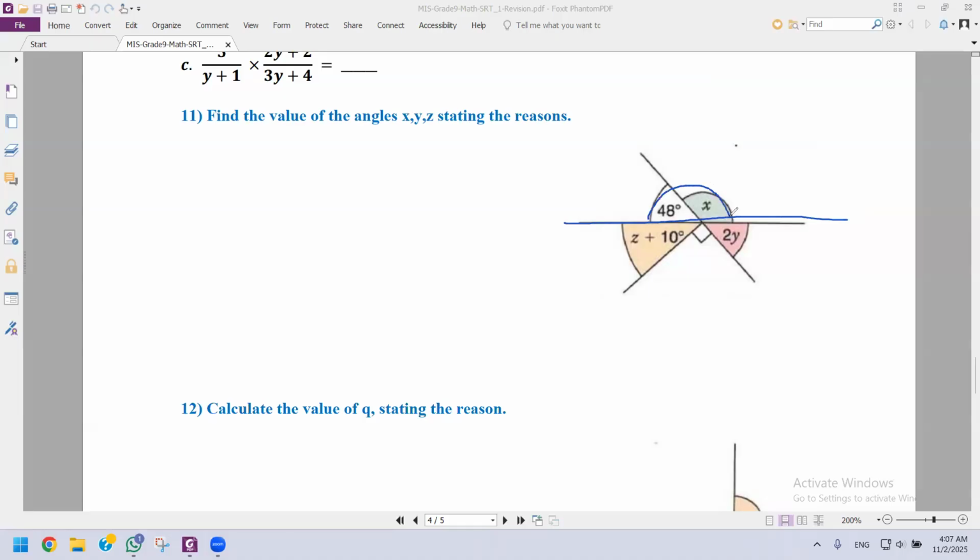We know that straight line makes 180 degrees. Let me write the formula. 48, this one, plus x is equal to 180 degrees. Now let me state my reason why. Because we used straight line angle.